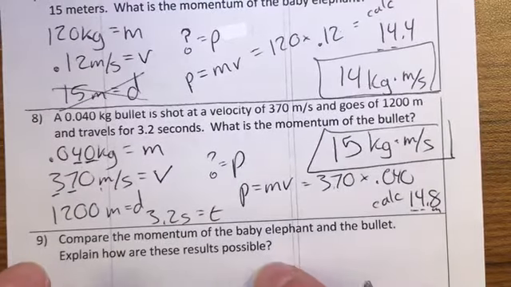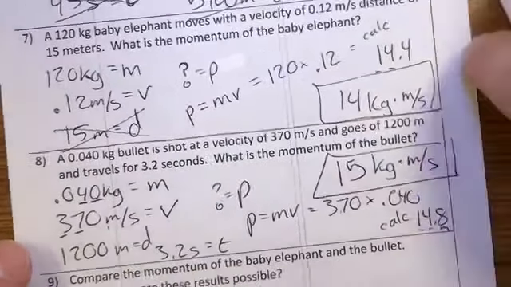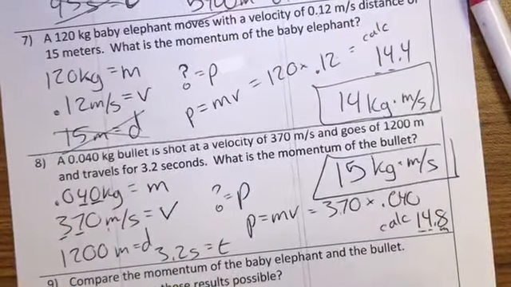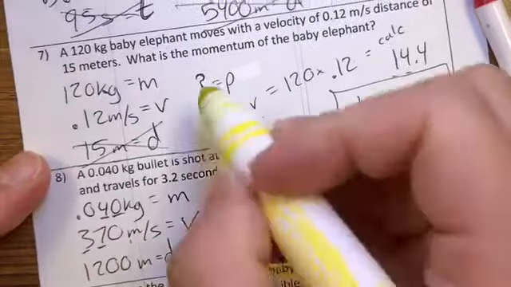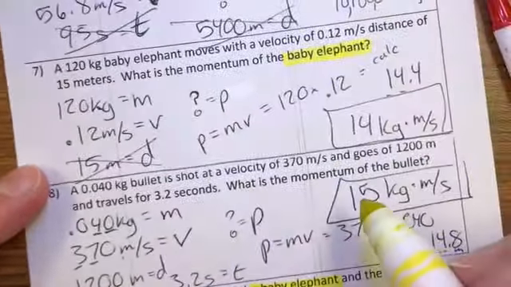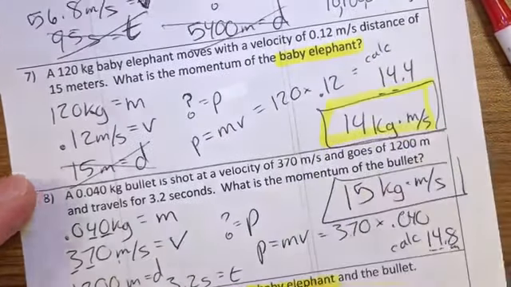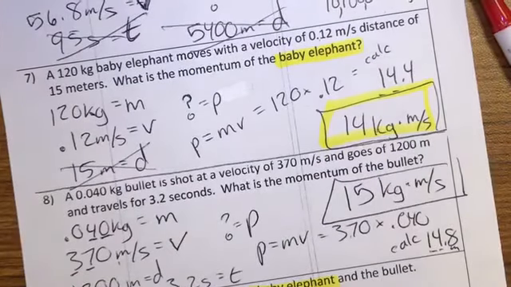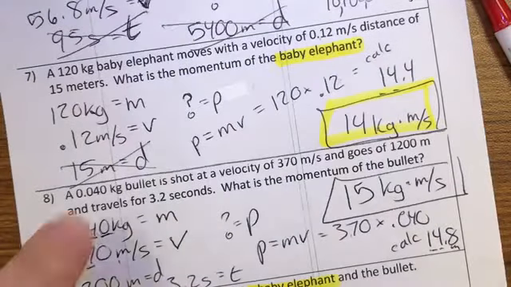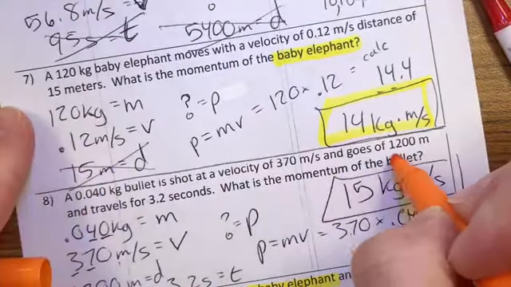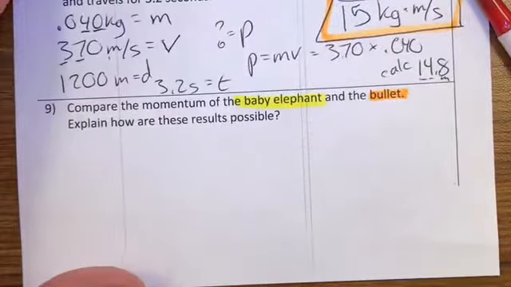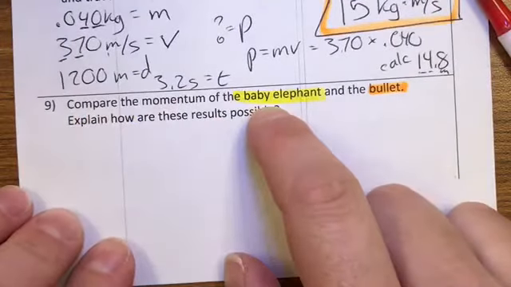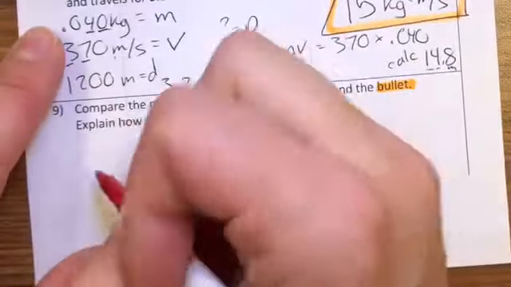Now, question number 9 asks you to do a comparison. Okay, so you need to be paying attention to what's going on. It's asking you to compare the baby elephant, which is what we did in question number 7, to the bullet, which was question number 8. Asking you to compare those two. Compare the momentum of a baby elephant. Picture that.